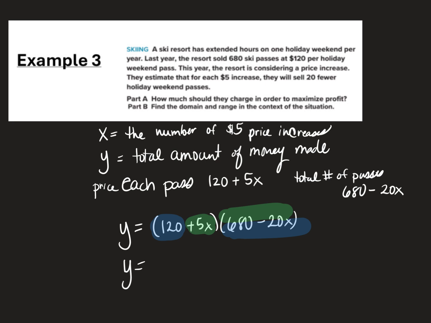So 120 times 680 is 81,600. And then 120 times negative 20X is negative 2,400X. Now I'll do the green. 5X times 680 is 3,400X.